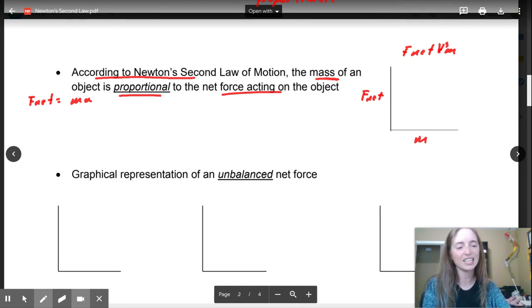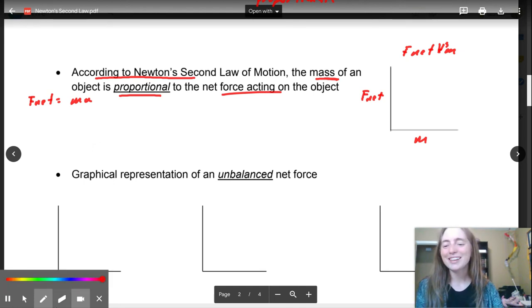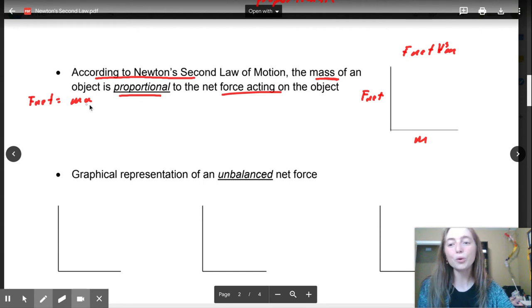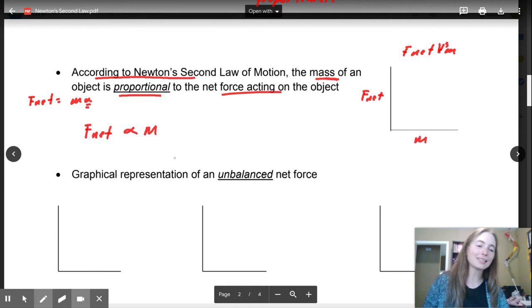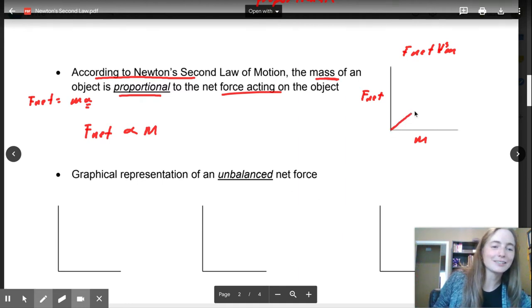It's good. All right. So, ladies and gentlemen, back to the math and the graphing behind your Honda Civic and F-150. So we're going to get the acceleration to be the same. So that means the F net required to get equal acceleration out of an object is going to be proportionate to the mass. So in order to get the same acceleration, when you increase the mass of an object, that F net is going to increase.